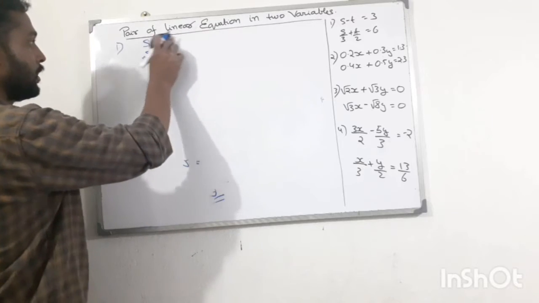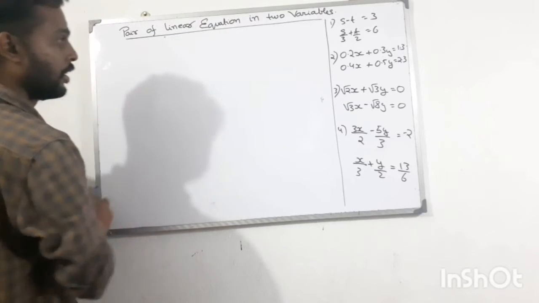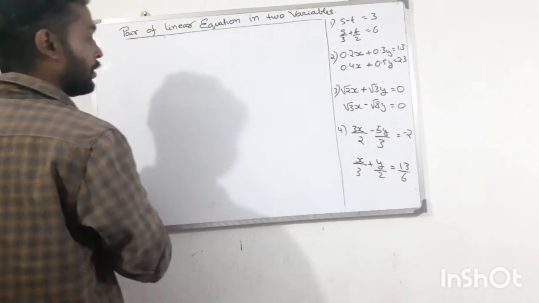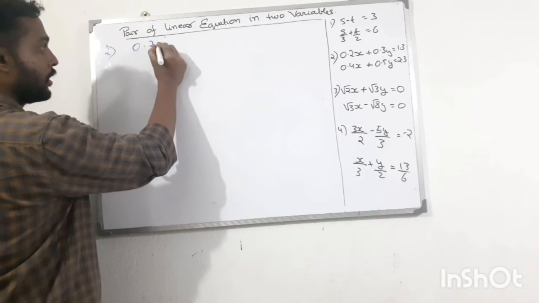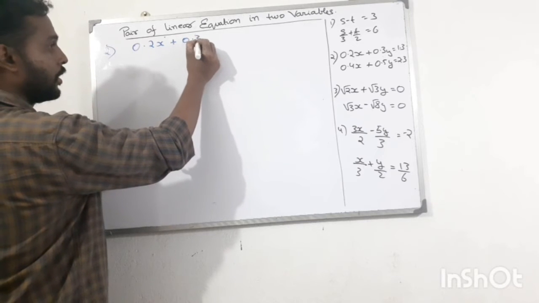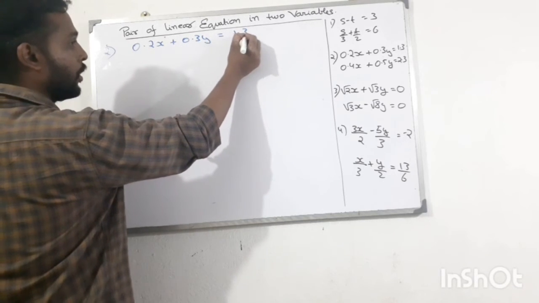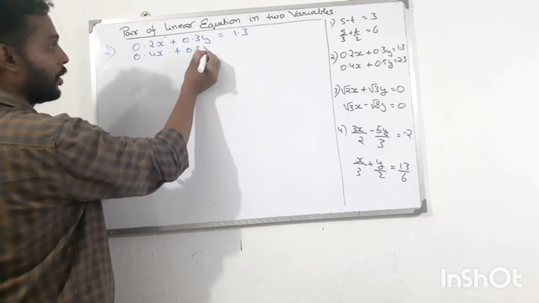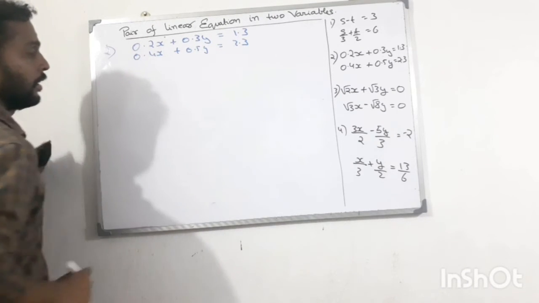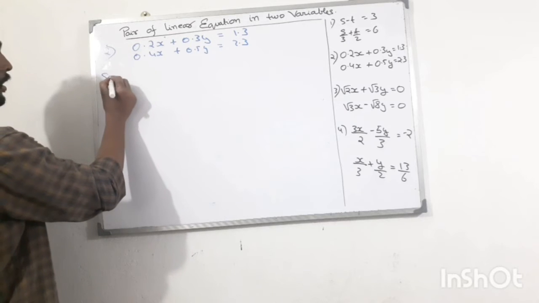So our second question is 0.2x plus 0.3y is equal to 1.3 and 0.4x plus 0.5y is equal to 2.3. So we can write this question as the solution part.